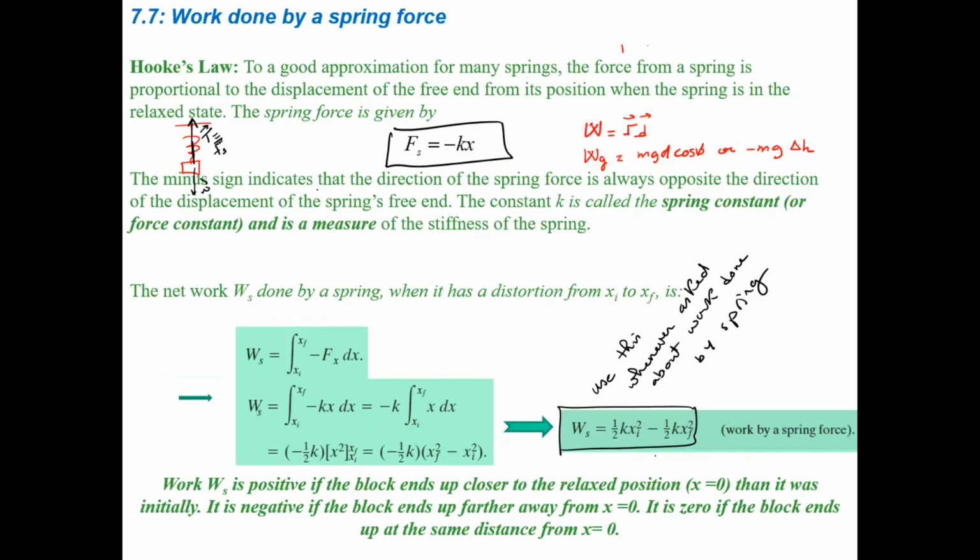And it has a formula. Just as the gravity is equal to m times g, a spring force can be defined by a formula, which is Fs equals minus kx, where k is the spring constant. It is essentially a constant related to how stiff or soft the spring is.